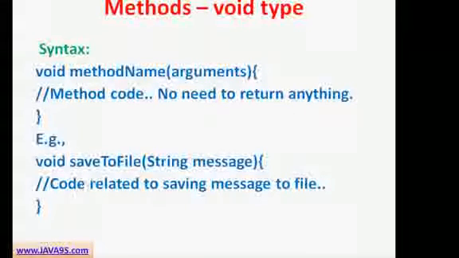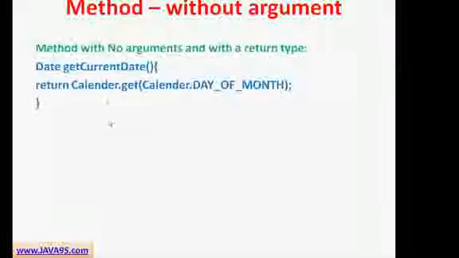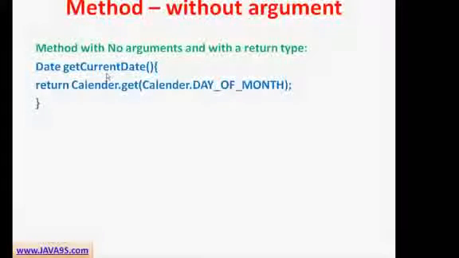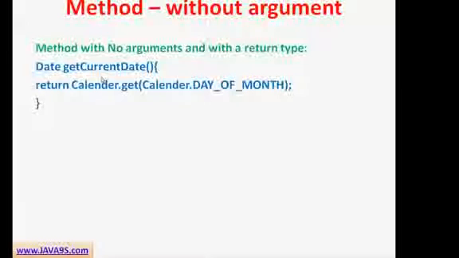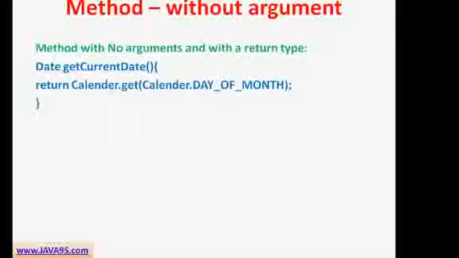So let us see something with methods without arguments. Sometimes you don't need to pass any arguments. You can see this example, get current date. I'm going to get the current date from the system, so I need not pass any value for it. I'm just going to get the current day of the month here.